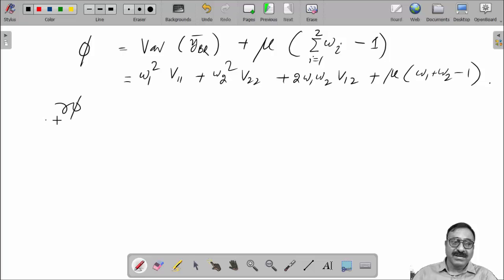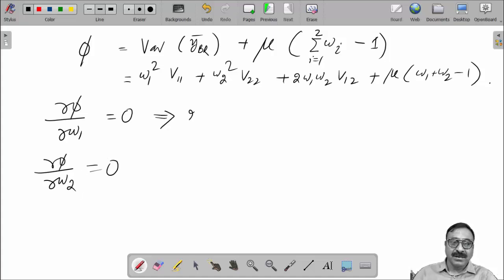Now differentiating partially with respect to W1 and W2, so del phi by del W1 is equal to 0, and del phi by del W2 equal to 0.